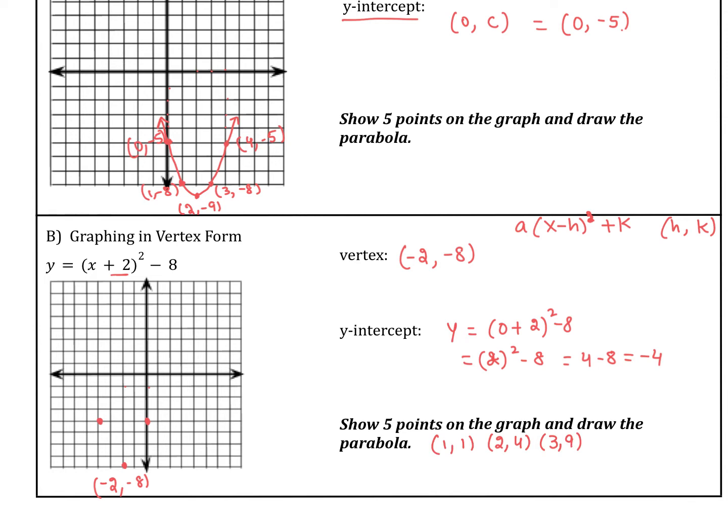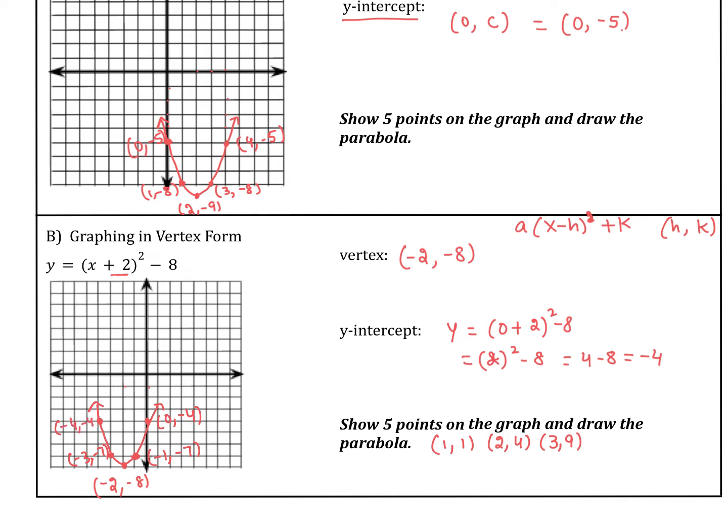So this is 1 1 right here, 2 4, and then you can find as many points as you want. This is 0 comma negative 4, this is negative 1 comma negative 7, and this one is negative 3 comma negative 7, and this one is negative 4 comma negative 4.